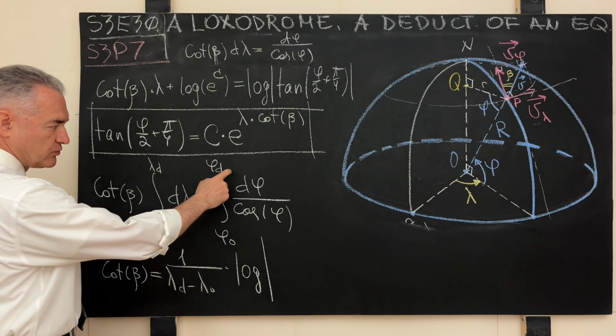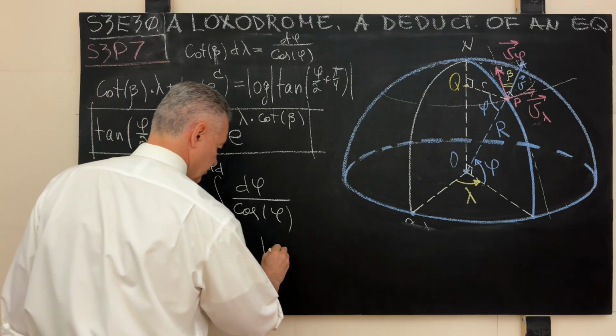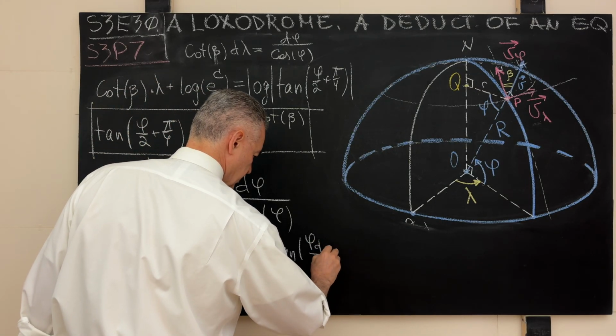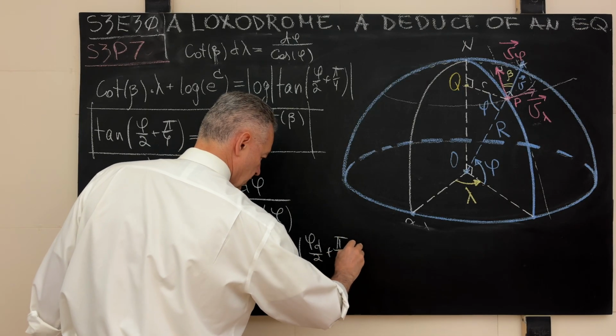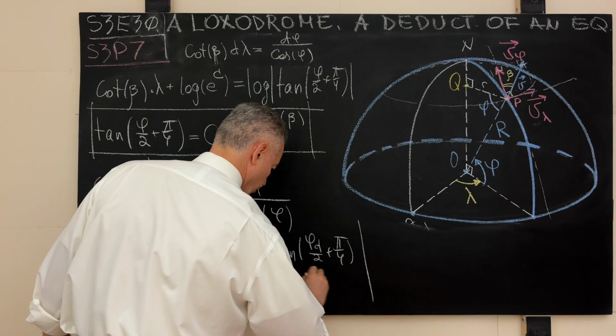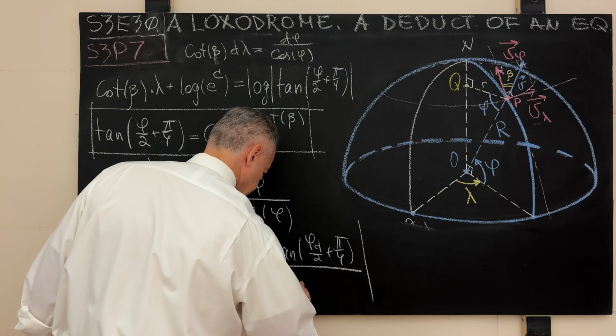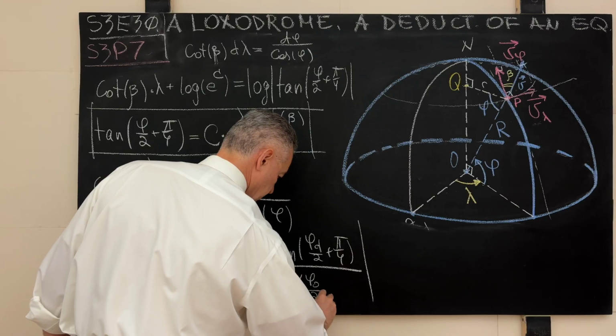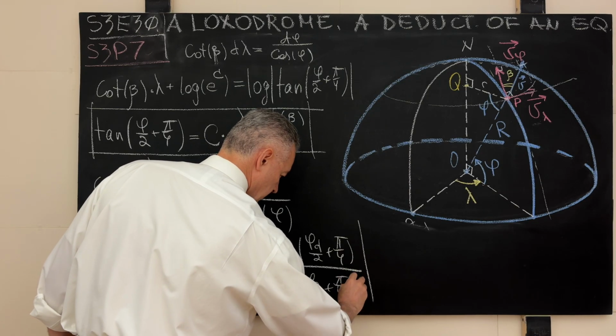What will it be over here? We'll have the latitude of destination, so trigonometric function of tangent, latitude of destination over 2 plus pi over 4 divided by trigonometric function of tangent, latitude of origin divided by 2 plus pi over 4.